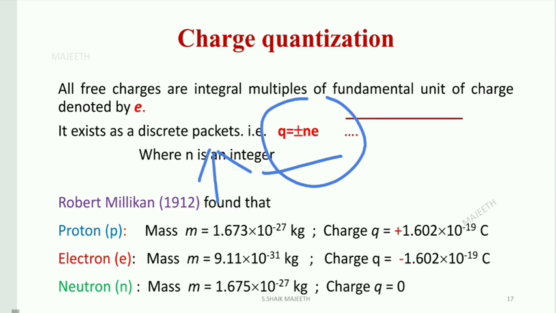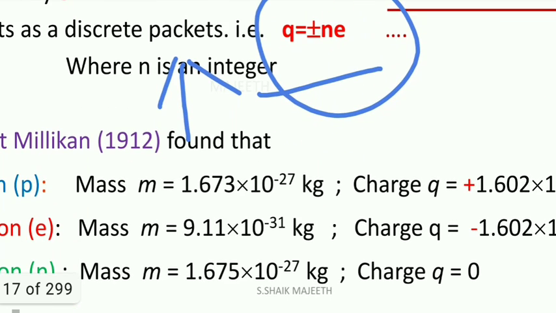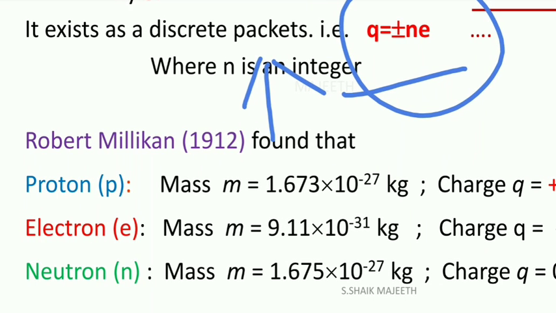Another thing we have to note is the mass. Mass was not found by Robert Millikan. Please remember, Robert Millikan found only the e value. The mass of a proton is 1.6 into 10 power minus 27. The mass of an electron is 9.11 into 10 power minus 31. You see the difference? The proton has more weight because it is 10 power minus 27, the electron is minus 31.